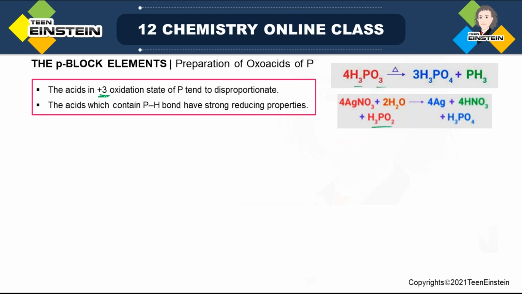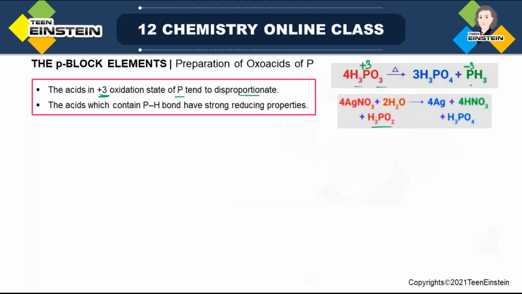For acids where the +3 oxidation state of phosphorus is present, there is a tendency for disproportionation. Now disproportionation is a process in which the same element undergoes oxidation and reduction simultaneously.